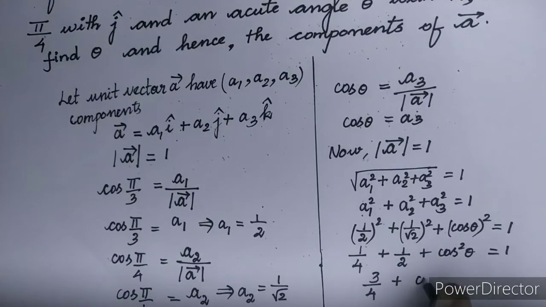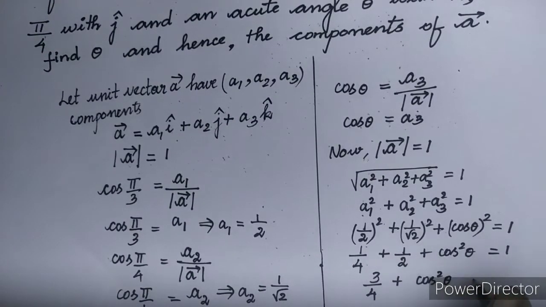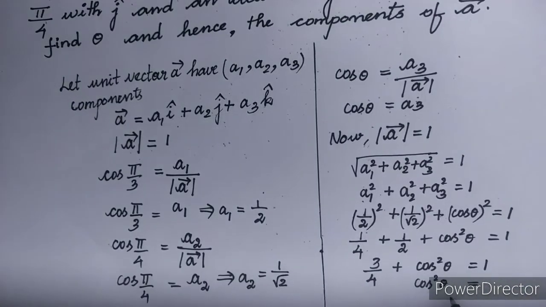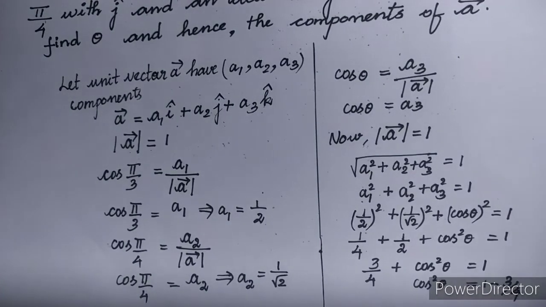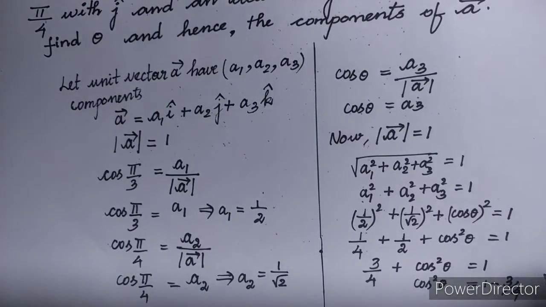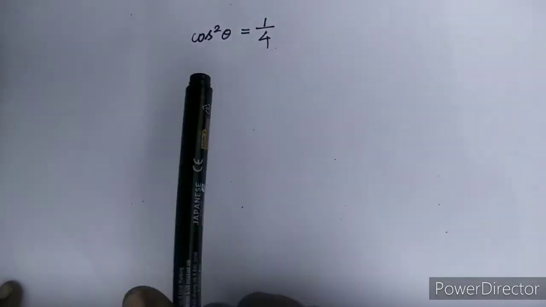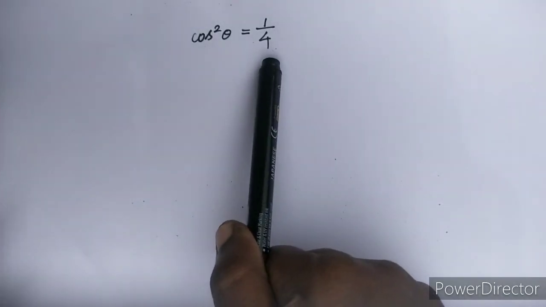Plus cos square theta, which is equal to 1. Cos square theta is equal to 1 minus 3 by 4. 1 minus 3 by 4 is 1 by 4. Cos square theta is equal to 1 by 4.